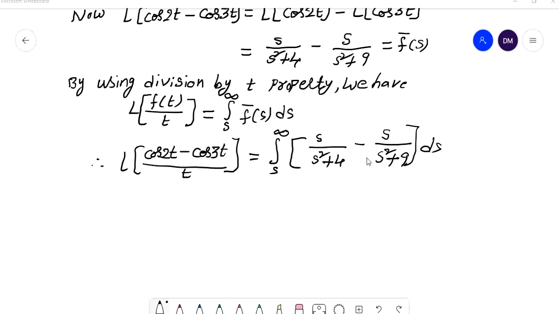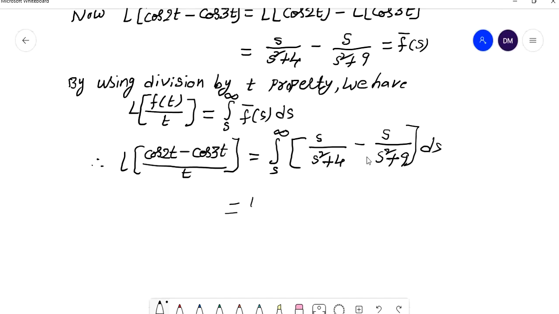Now we have to integrate this. How to integrate? See here, the derivative of s square plus 4 is 2s. Here we have s, so 2 is required. The derivative of s square plus 9 is also 2s. So we require 2, and I can multiply and divide by 2 here.